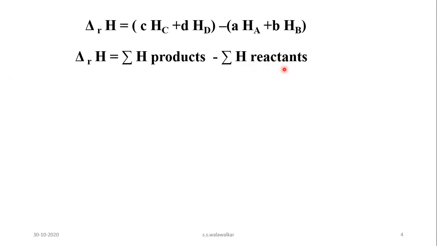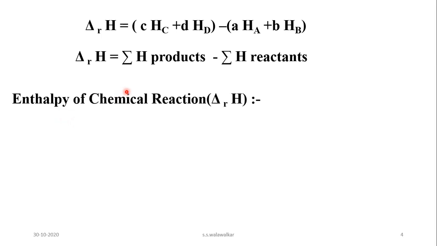From this equation you can write the definition of enthalpy of reaction. The enthalpy of reaction is defined as the difference between the total enthalpy, that is, the sum of enthalpies of products, and the sum of enthalpies of reactants.